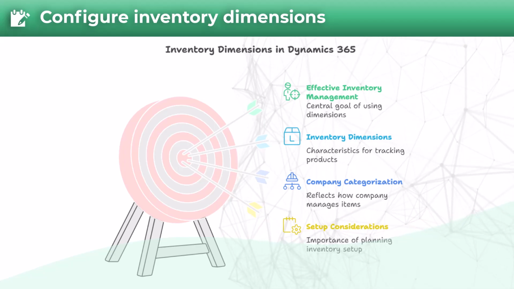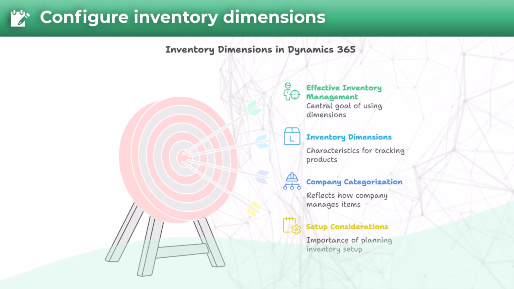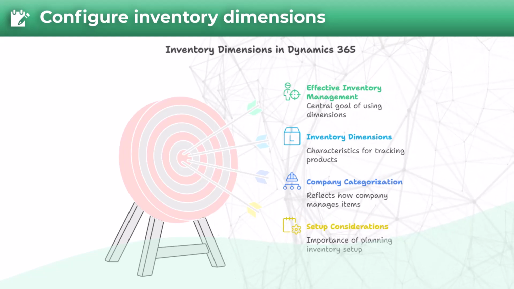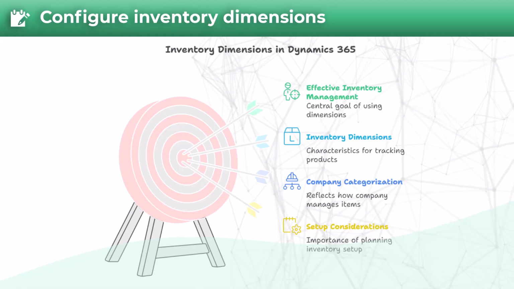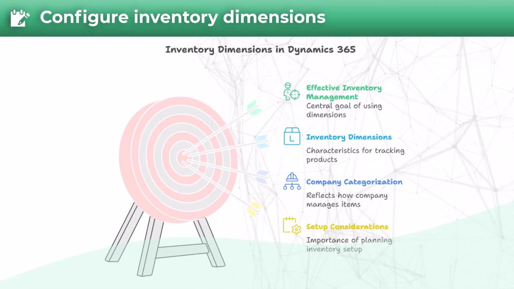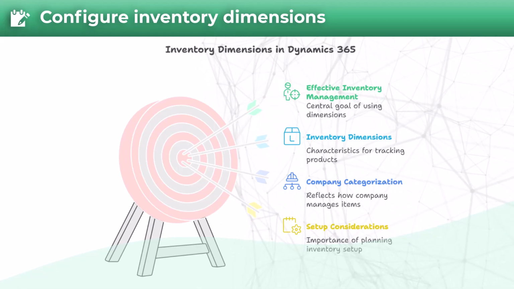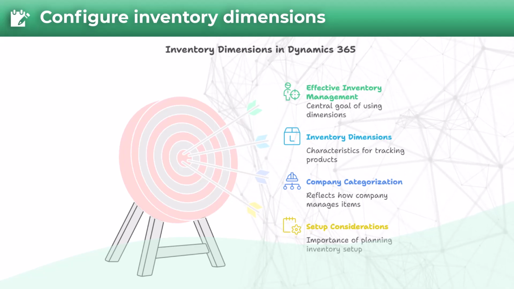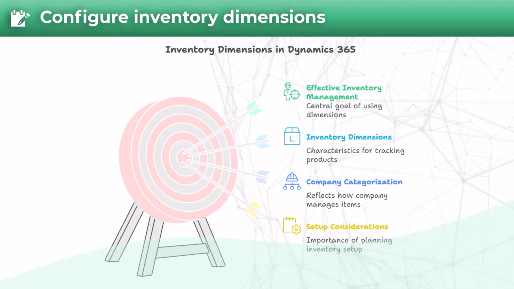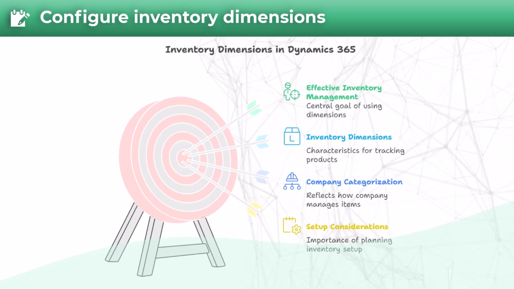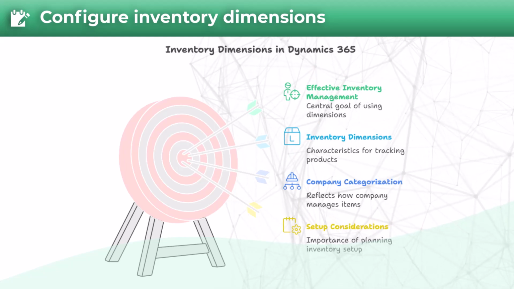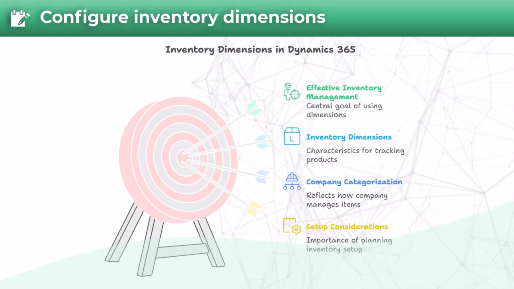Because the type and the number of inventory dimensions you create should reflect how your company actually categorizes and manages its items. In simple words, inventory dimensions are like labels or characteristics you attach to products so that you can track, store and manage them in the most efficient way.